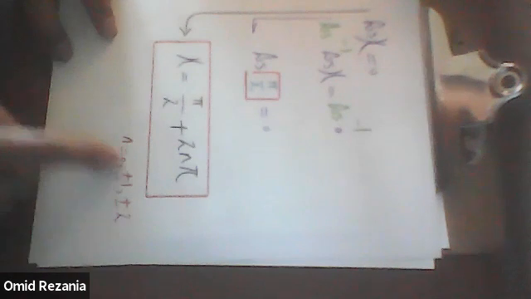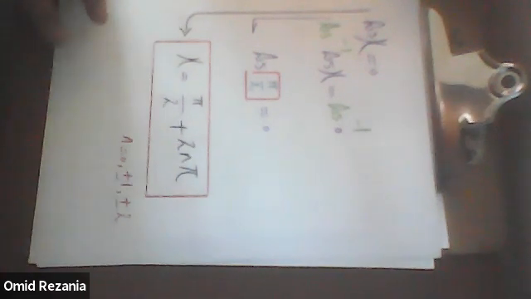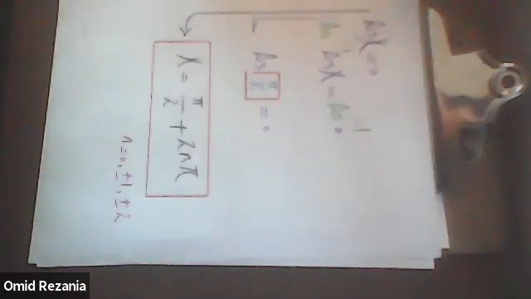Then the only solution, which is the complete set of solutions, is x equals pi over 2 plus 2n pi, where n can be 0, plus or minus 1, plus or minus 2, and it goes all the way to infinity.